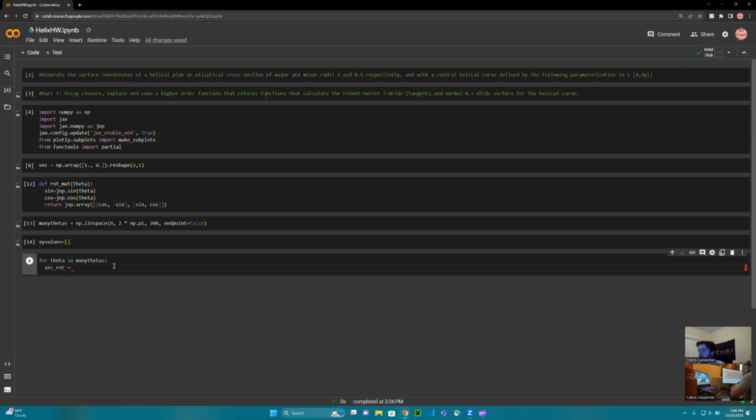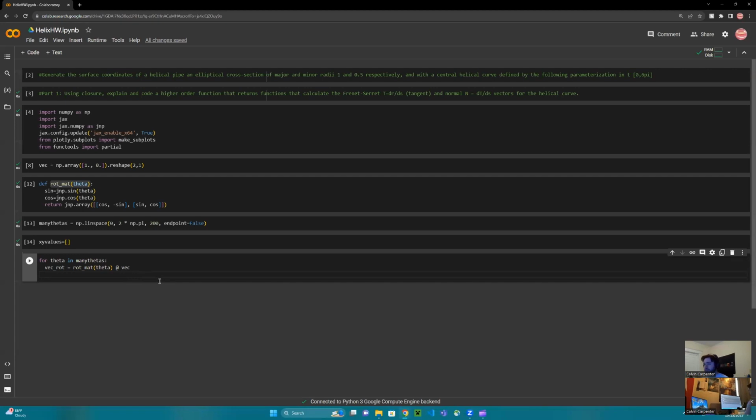And this is going to equal our function. So let's just copy and paste that. I'm lazy. And we're going to matrix multiply, dot product, that with our base vector. And we are going to continuously add those new rotated vectors into our XY values by saying XY values append.